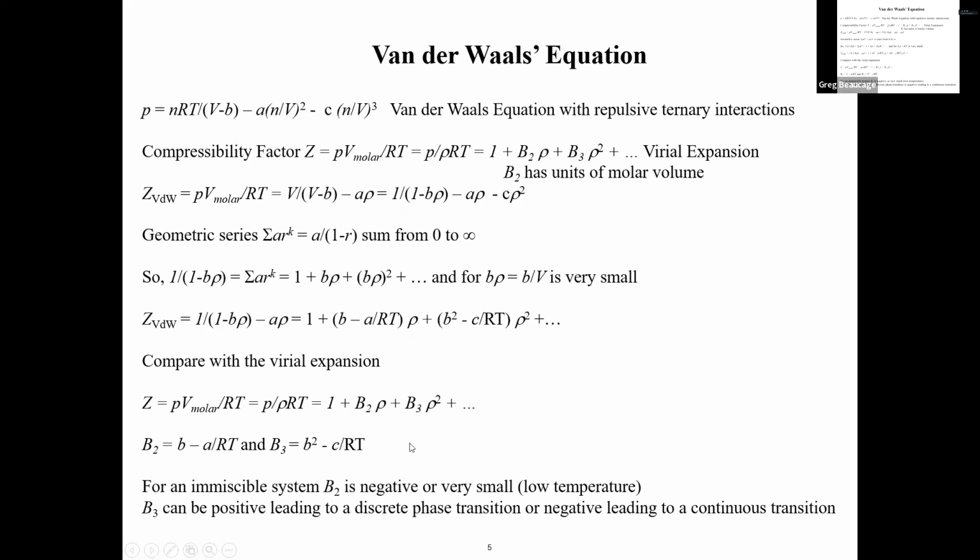If you don't include the C, then this is just the excluded volume squared. If you include a ternary interaction in Van der Waals, then you get this equation. So you have the square of the interaction. B3 is going to have squared volume units. You have the square of the hardcore and some kind of ternary interaction, which would be a weird thing, hard to imagine. You have two things that can repel or attract.